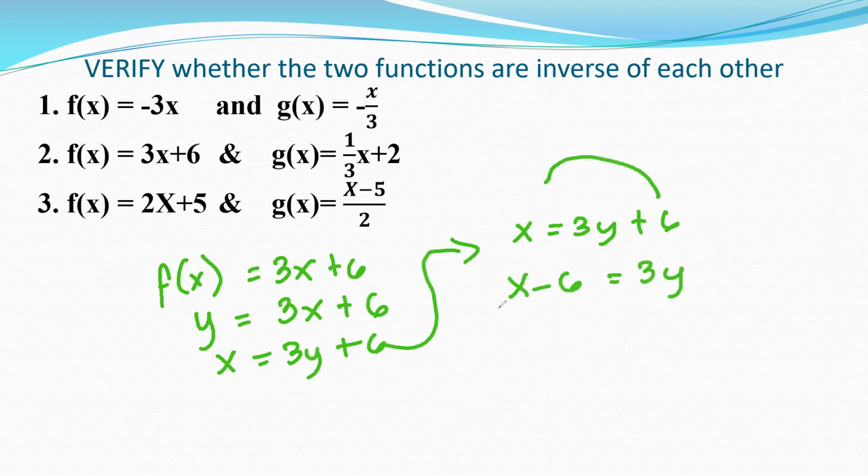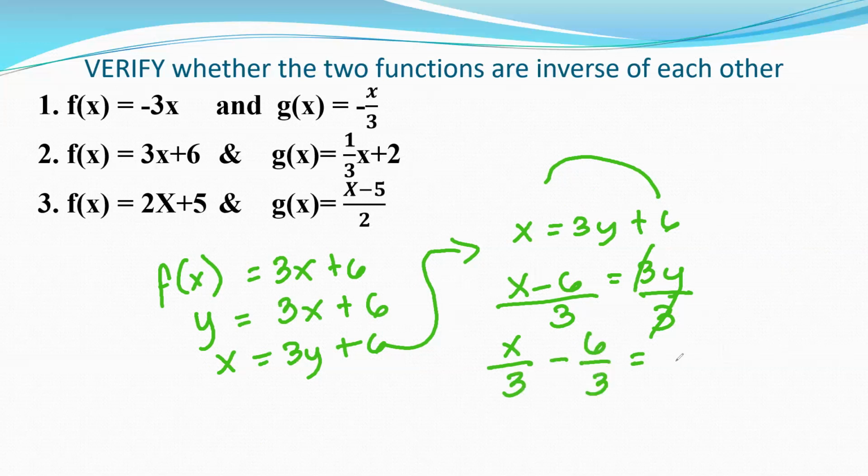And then we need to divide both sides of the equation by 3. So this will be cancelled. And this can be rewritten as x over 3 minus 6 over 3 is equal to y. And then we can simplify 6 over 3. This is x over 3 minus 2 is equal to y.